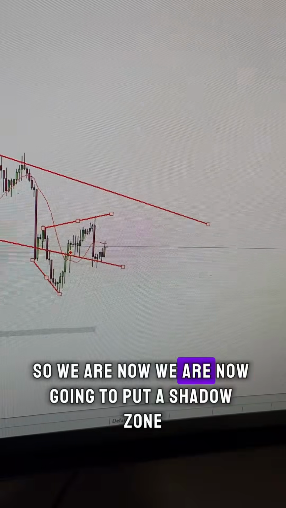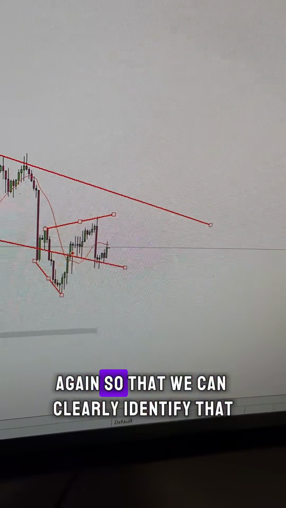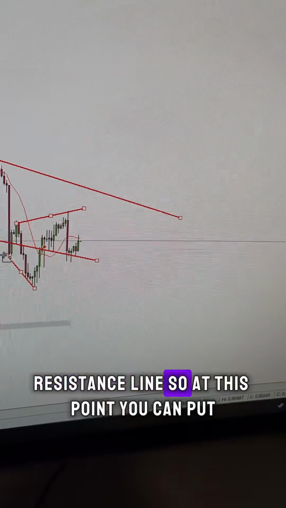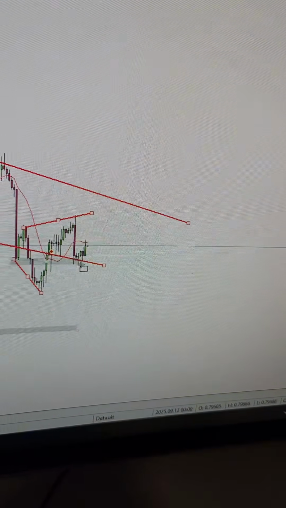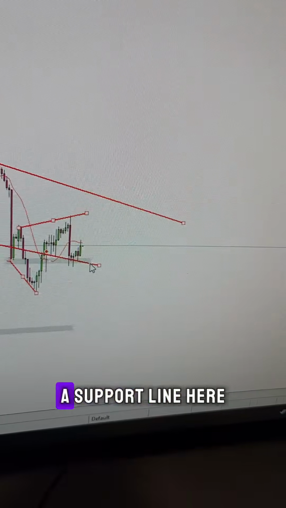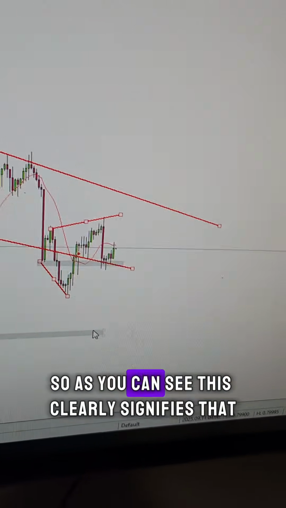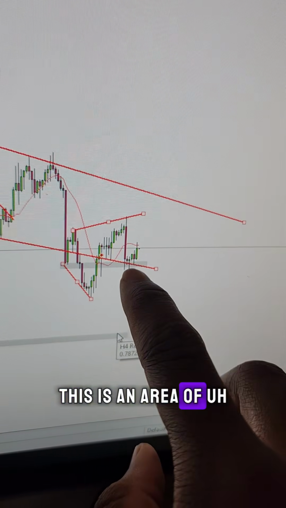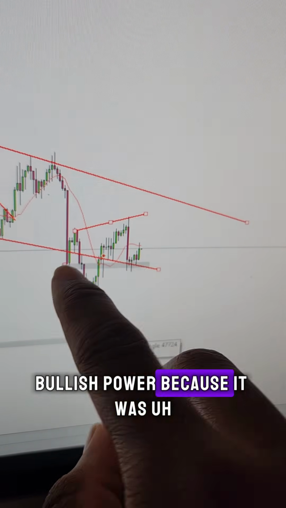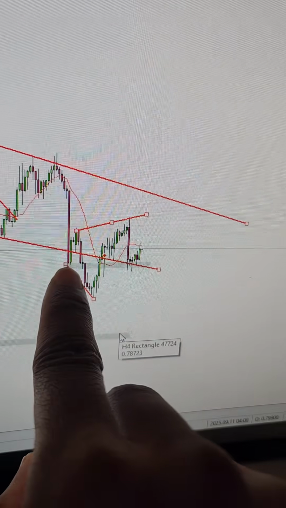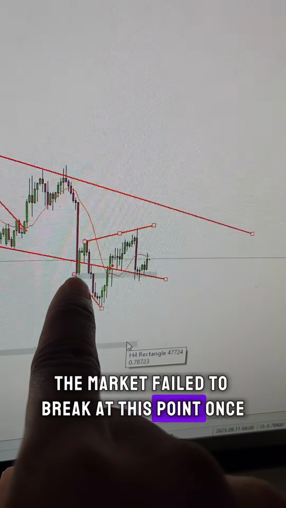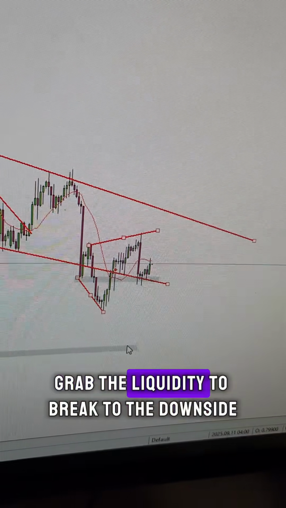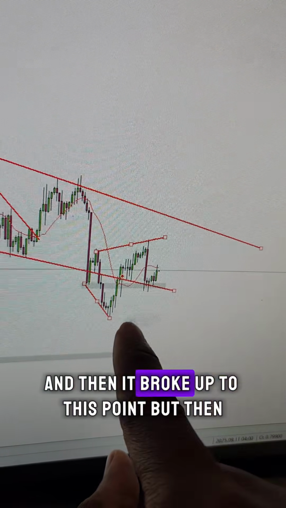So we are now going to put a shadow zone again so that we can clearly identify that resistance line. So at this point, you can put a support line here. So as you can see, this clearly signifies that this is an area of bullish power, because the market failed to break at this point once, and then it came back again to grab the liquidity to break to the downside, and then it broke up to this point.